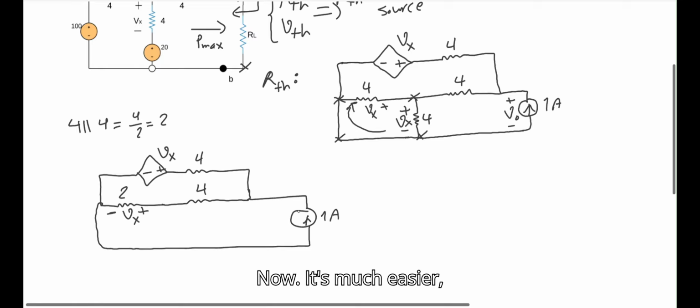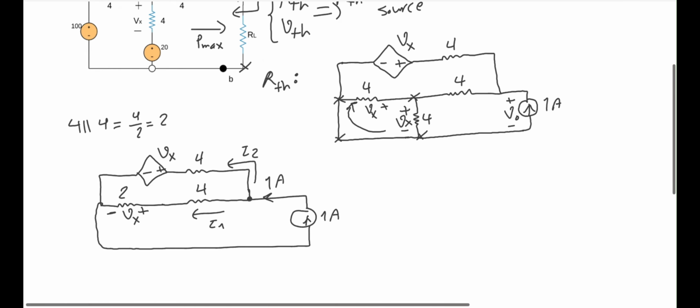Now it's much easier. So I have 1 amp which is injected to this point, and let's call this one I1, and the current that goes here, let's call it I2. There is one thing for sure, and that is this 1 amp over here.